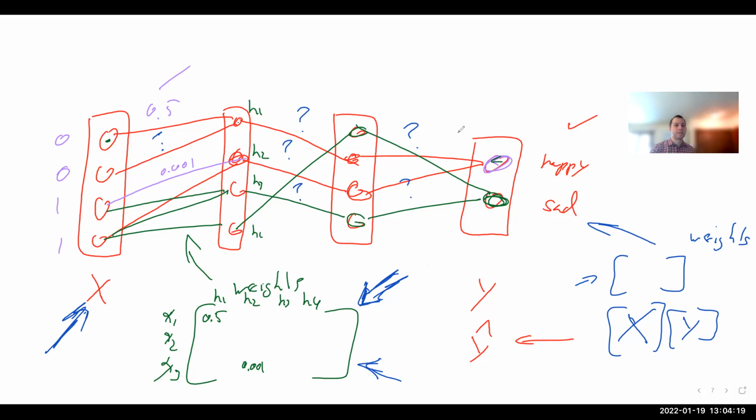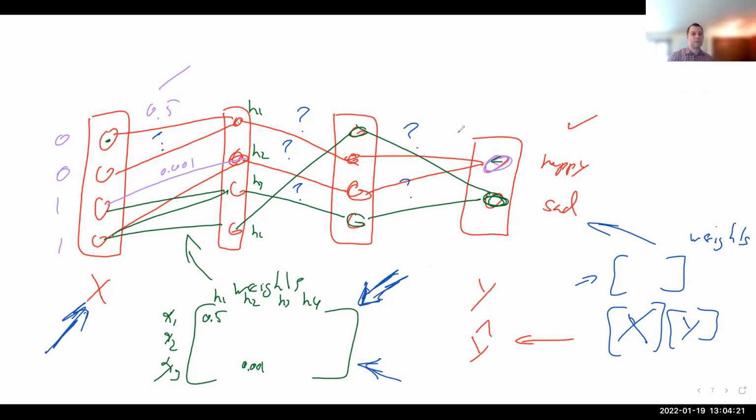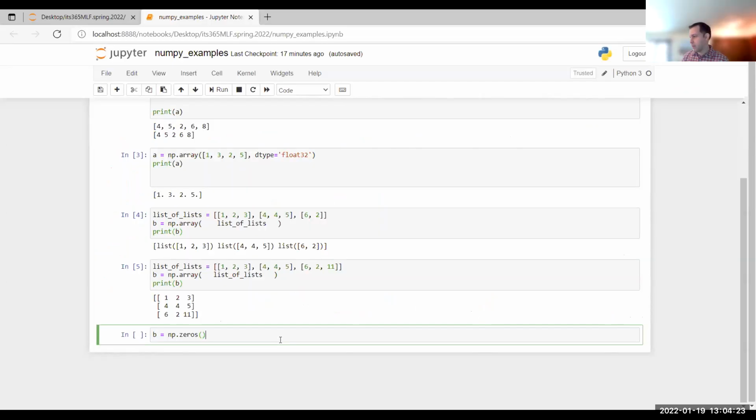Okay. So anyway, let's go back then to the code over here. So I'm going to do np.zeros. So this is going to initialize to zeros. I'm going to say that I want 10. I'm not really specifying dimensions here. The data type, I'm going to say that I want it to be int.